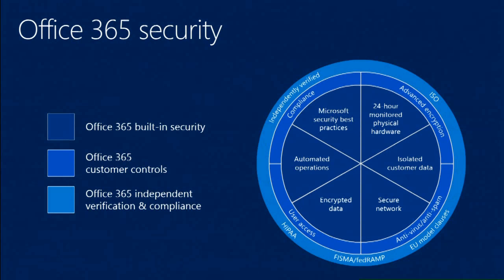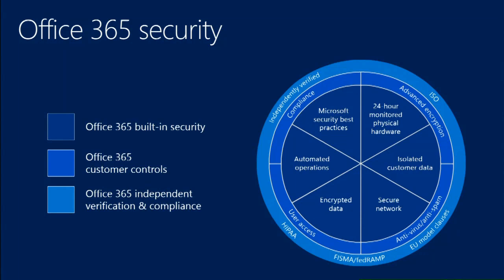There are also the security features in the service itself to help you manage user access, data flow, data loss prevention, and antivirus, et cetera. These are configurable and managed to meet your policies specifically.